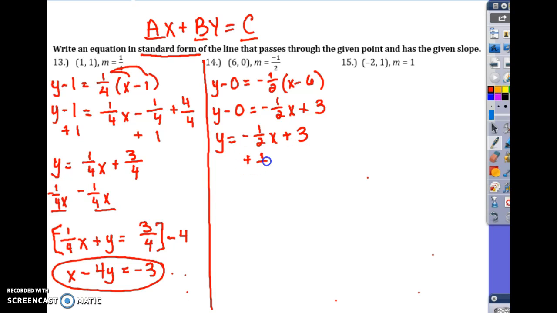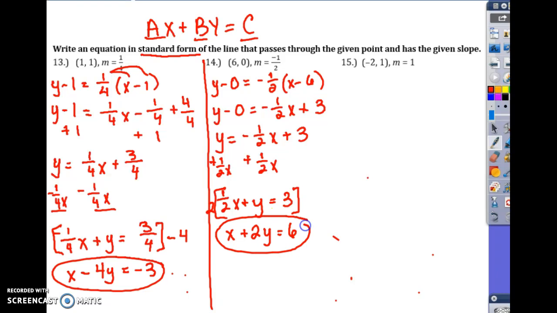I'm then going to add 1/2 x to both sides. And when I do that, I get 1/2 x plus y is equal to 3. I need to get rid of my fraction, so I'm going to multiply both sides by 2. So I end up with x plus 2y is equal to 6. And there's my equation.